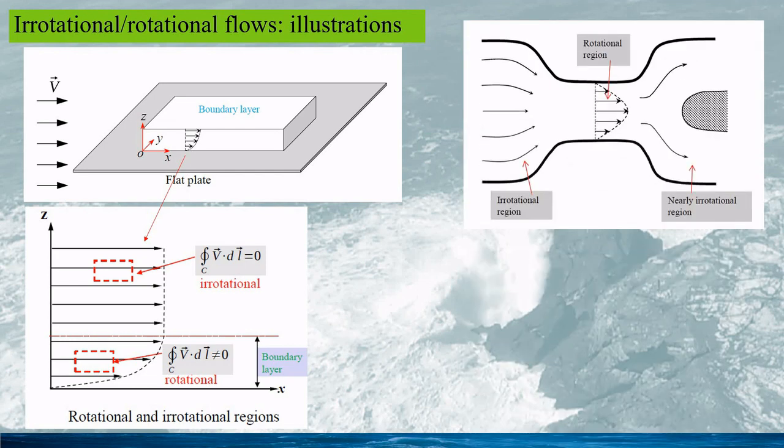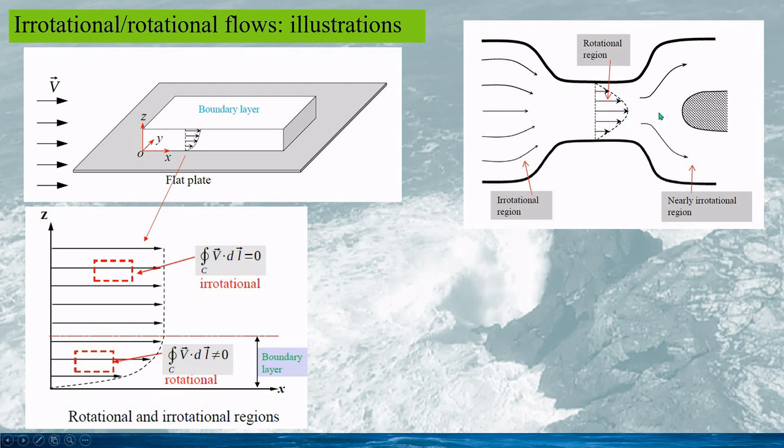The other example is the flow coming from a large area into a contracted area. In the large area, because the boundary is far away from the main flow field, the majority of the flow in the large area is irrotational. And when the flow comes into the contracted area, because of the viscosity of the fluid, the flow might become rotational, as shown here.